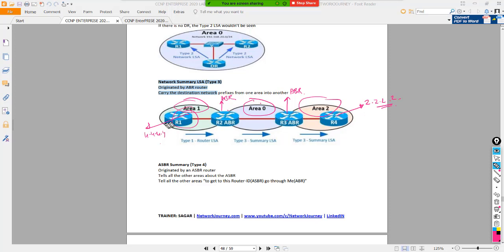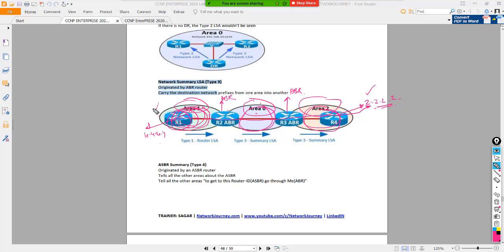Now if I want to ping from R1 to R4, the traffic will go on this path. All the networks will be advertised over here and also over here, and in a similar way, whatever networks you have inside area 2 will be advertised in area 0 and area 1. So they will keep their records and know each and every path. So router 1 knows how to reach the destination 2.2.2.2.